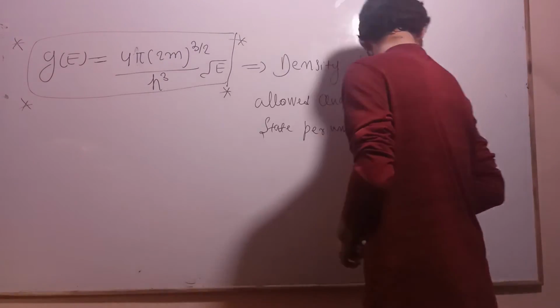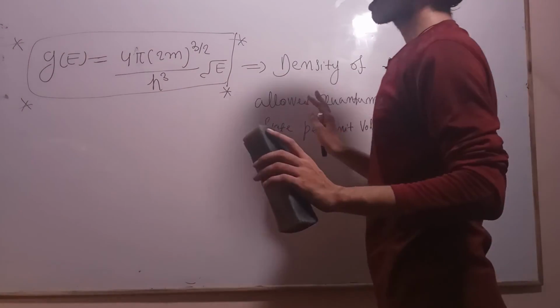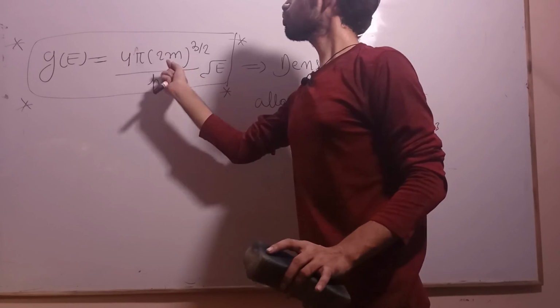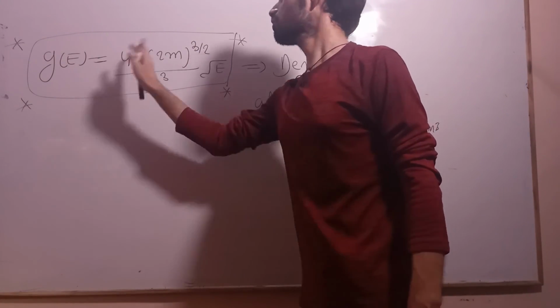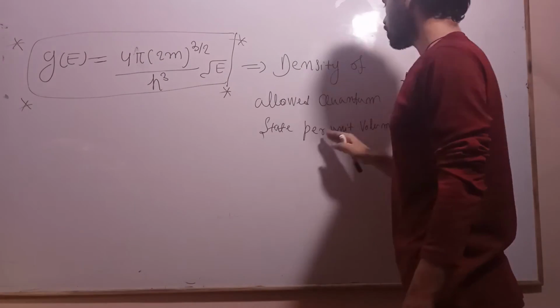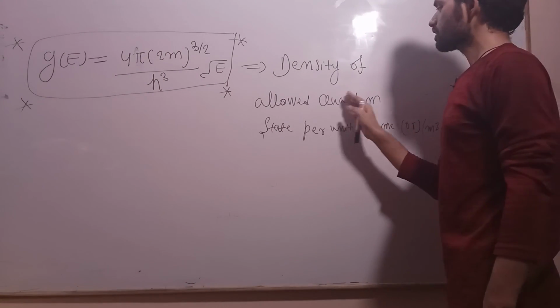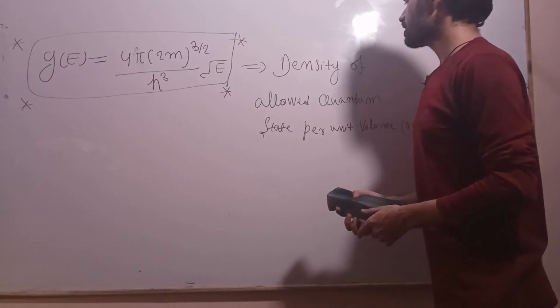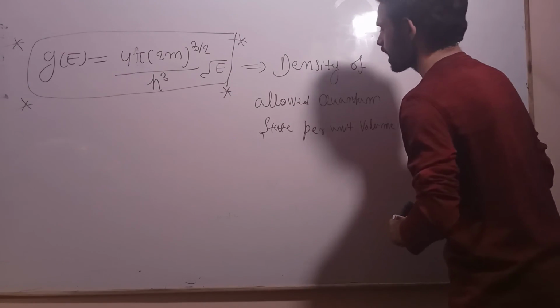So up to this, we have reached our ultimate goal of the density of state function, which is nothing but density of allowed quantum state per unit volume, or you can say density of allowed discrete energy state.